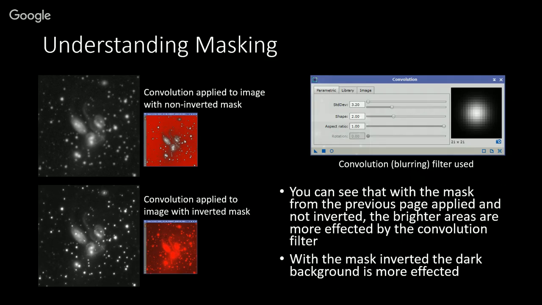But if I invert the mask, those galaxies are protected and the background is blurred. So you can already see benefits of using masking like this, where you can protect the brighter areas which natively have a higher signal-to-noise ratio than the background.